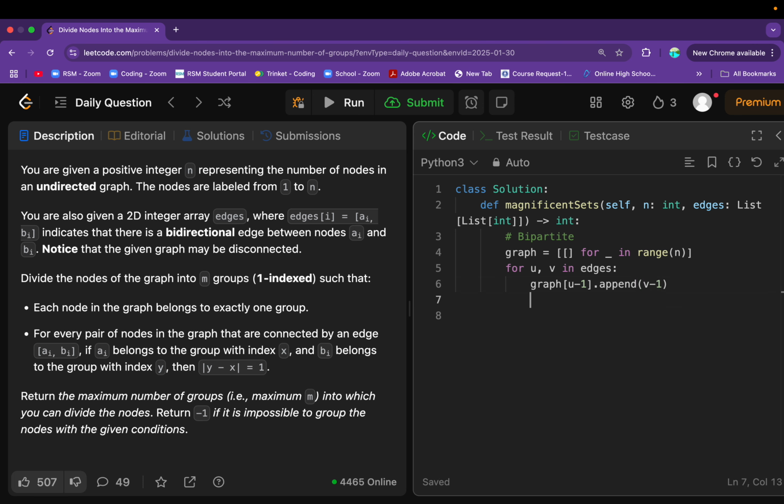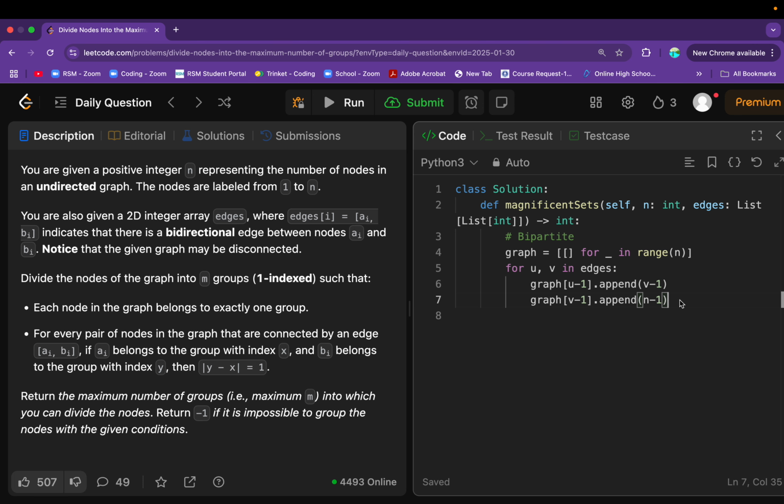Very similar logic here, we'll set graph at v minus 1 and append u minus 1 to that node index, right? So pretty similar structure and logic for these two lines of code to build the graph for every single node u and v that are connected by an edge.